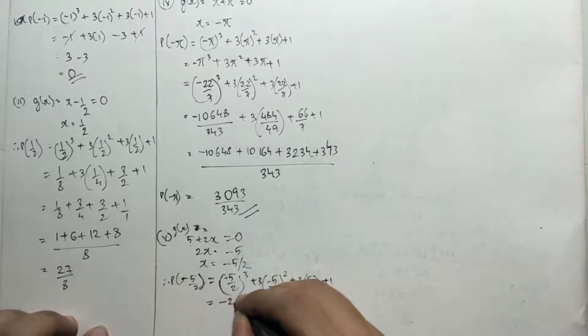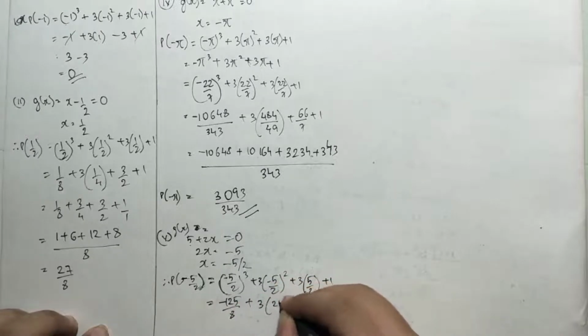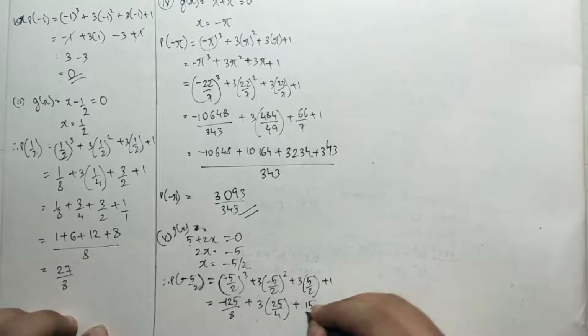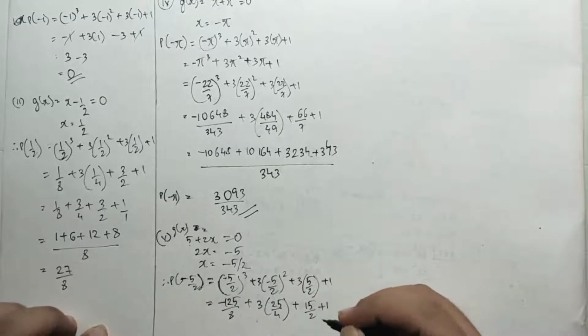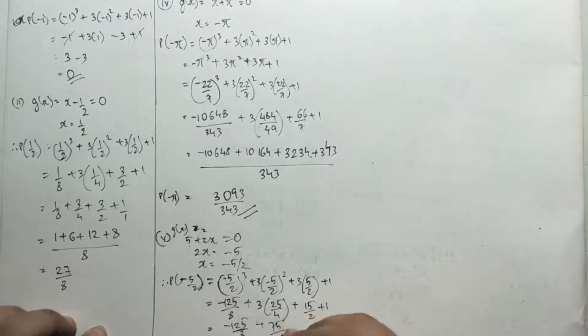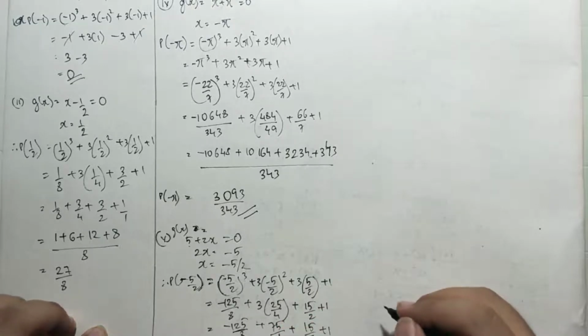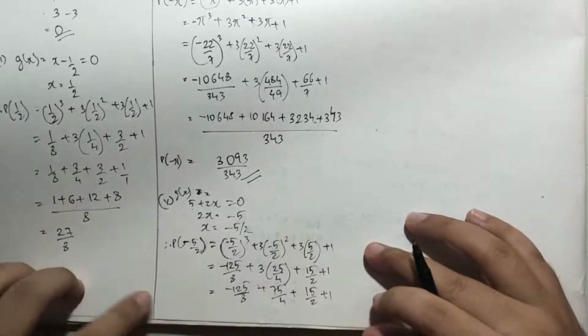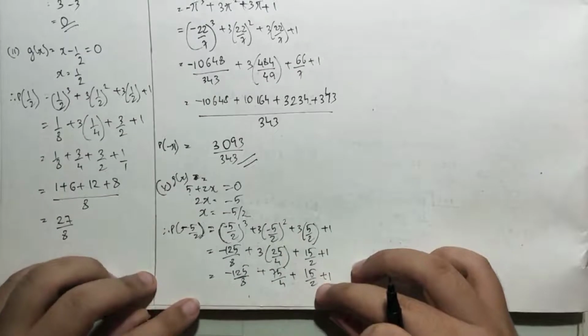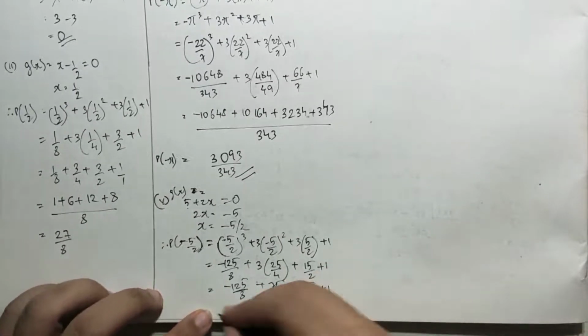Opening the bracket, this will be minus 125 upon 8 plus 3 into 25 by 4 plus 15 upon 2 plus 1. This will be minus 125 by 8 plus 75 by 4 plus 15 by 2 plus 1. Take their LCM and you will find their answer, and that would be your remainder.